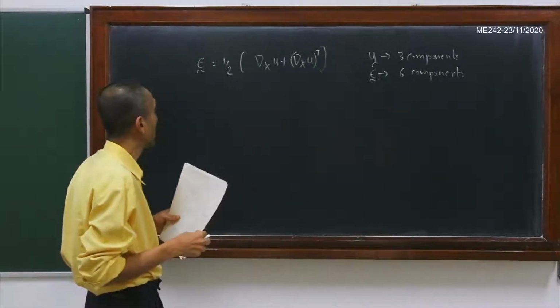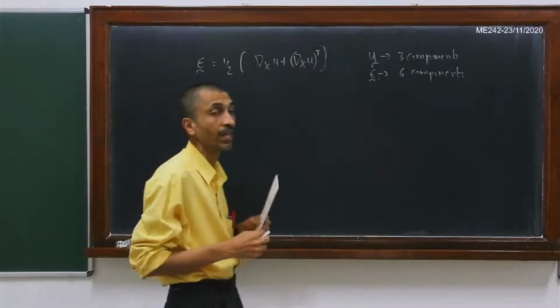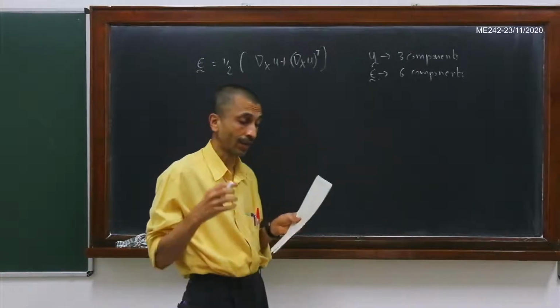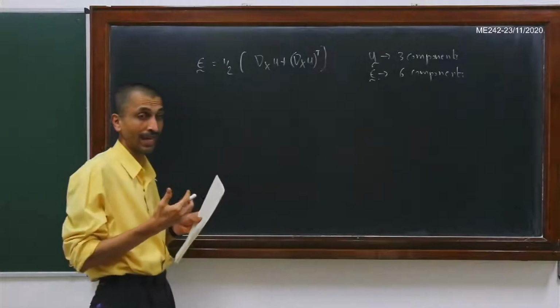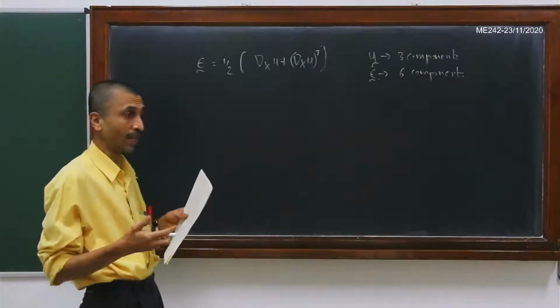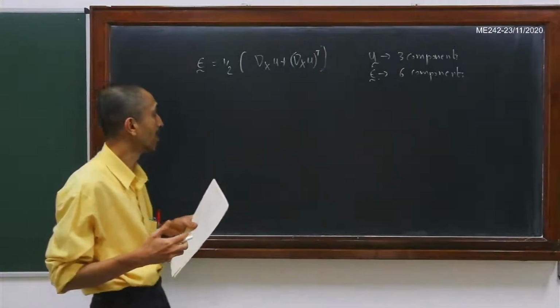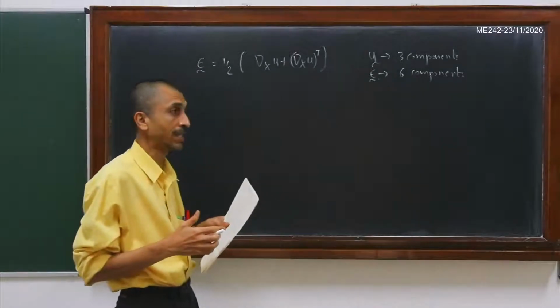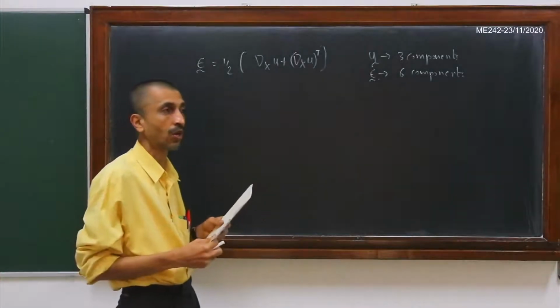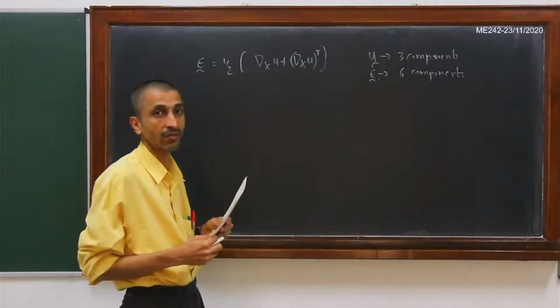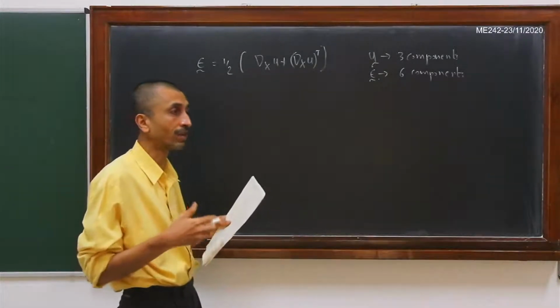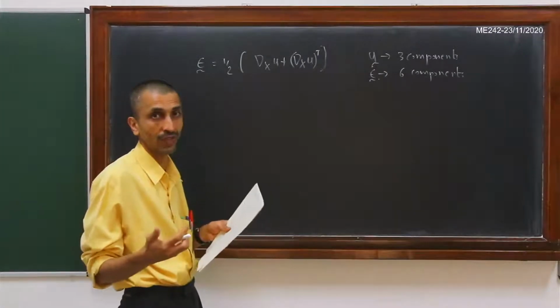These compatibility relations are extremely useful. One has to check these compatibility relations if one starts by guessing the stress solution. Many times, especially when we solve 2-dimensional problems, we will start with what is known as the Airy stress function, and from there we will get the stress field.